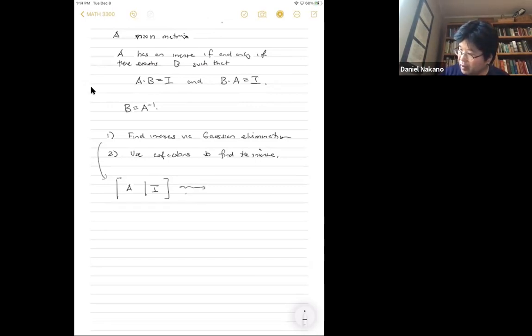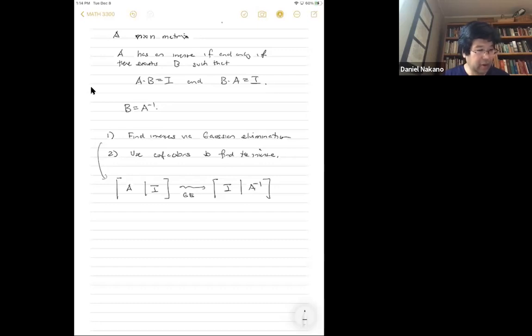At the end, that side is going to be A inverse. We've done several examples of this before.